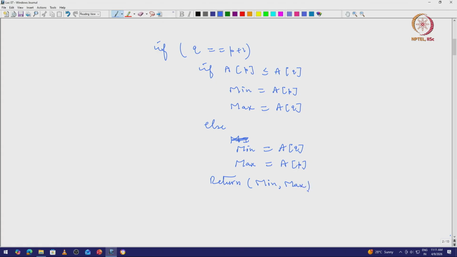You can see that I am doing only one comparison here. So, these are the base cases.